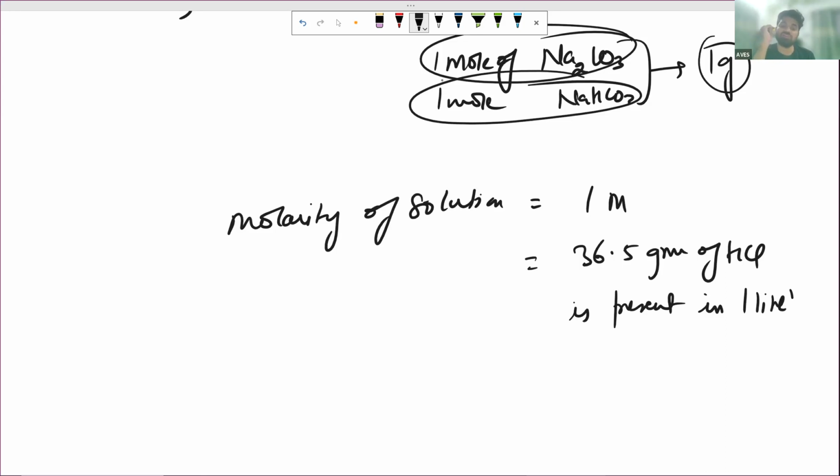So similarly, if I say the molarity of the solution is 1 M, it means that 36.5 grams of HCl is present in 1 liter of solution.